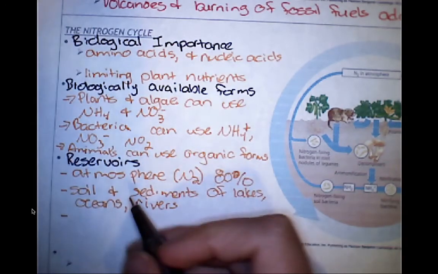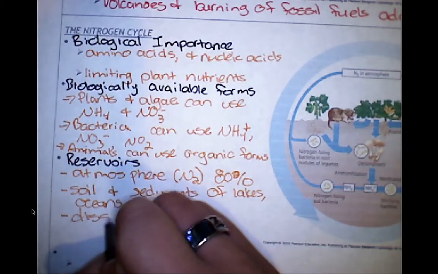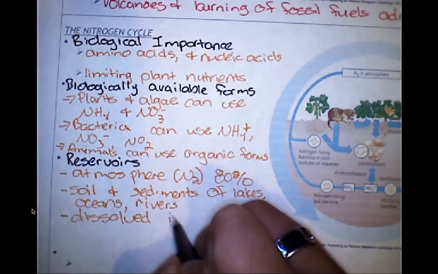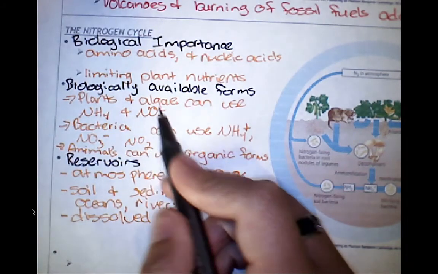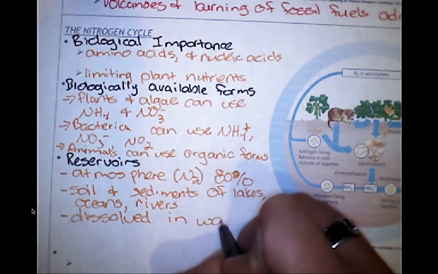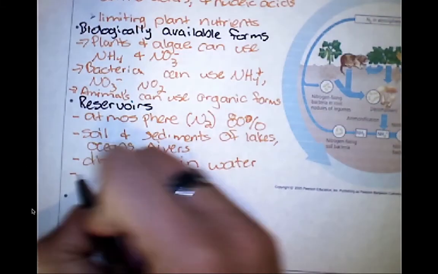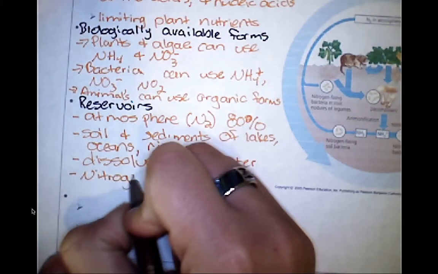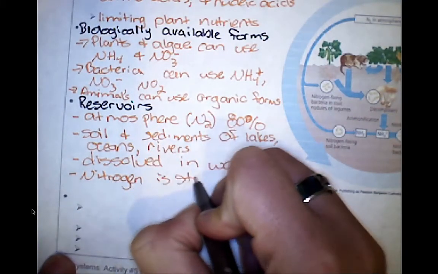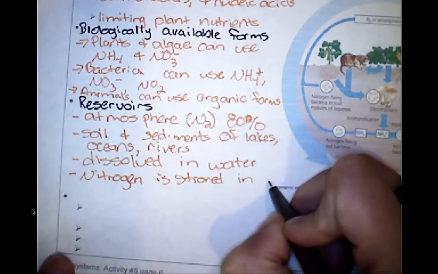Okay. Some is dissolved in the water. And you can actually see that as the nitrate form. You can actually measure that in waters. Okay. And then where it really matters for us is nitrogen is stored in living things, because that's how we get it.